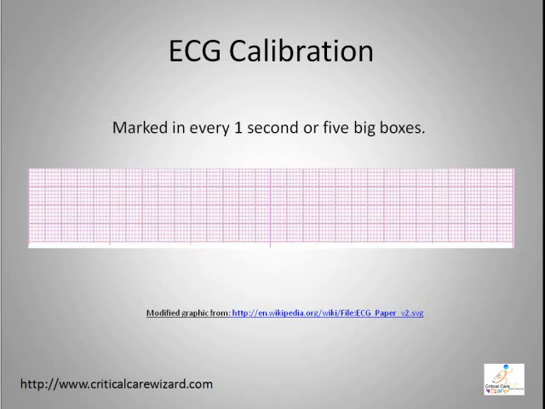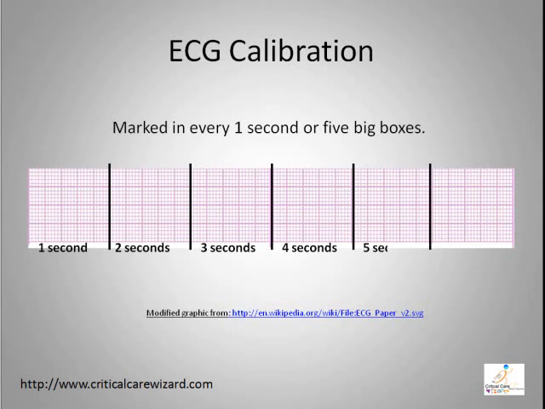Another standard feature of an ECG strip is marked in every 5 big boxes to form 1 second. Most experts usually use a 6-second ECG strip to interpret the rhythm and calculate the rate.